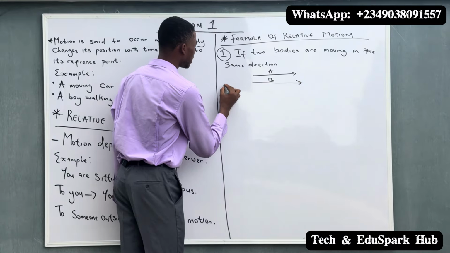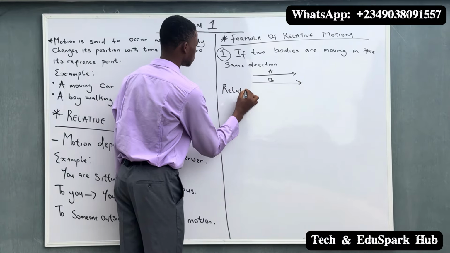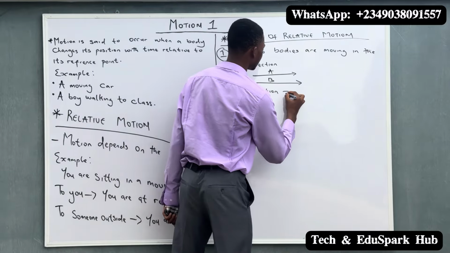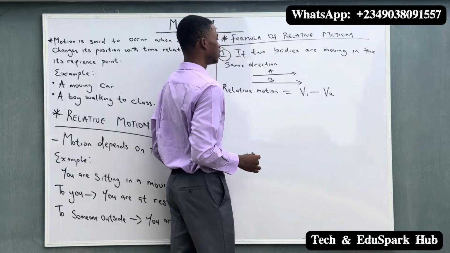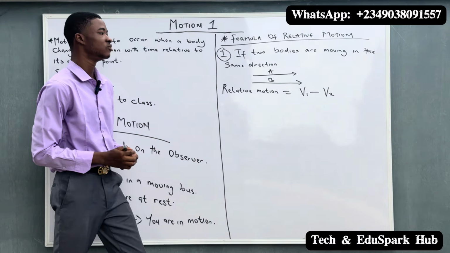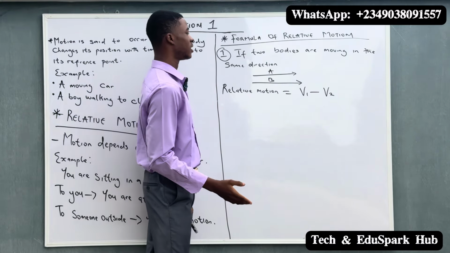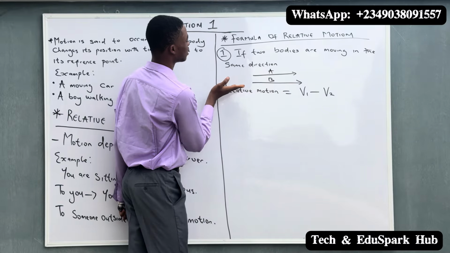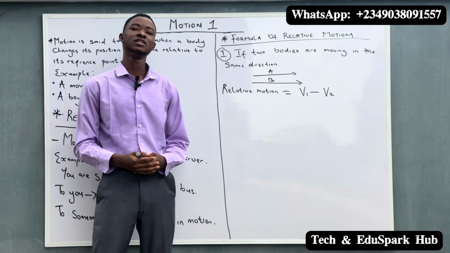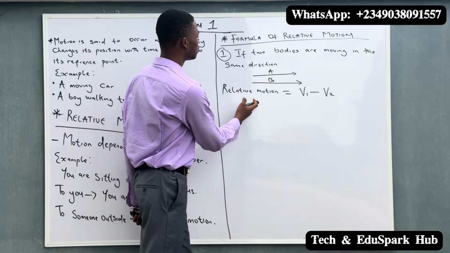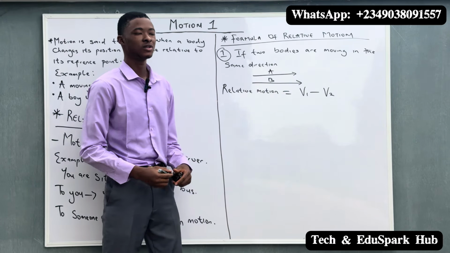In this case, their relative motion will be given as V1 minus V2. So this is the formula for the relative motion of bodies moving in the same direction. Both bodies are moving in the same direction and their relative motion will be given as V1 minus V2.